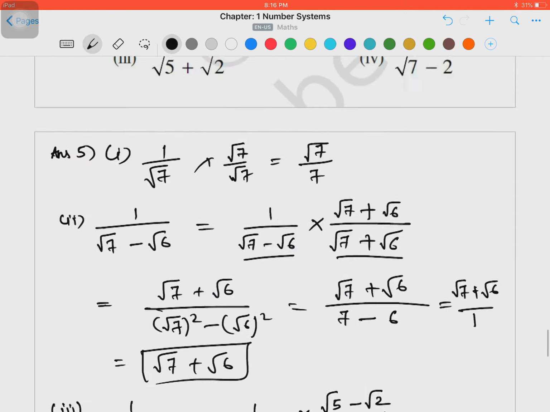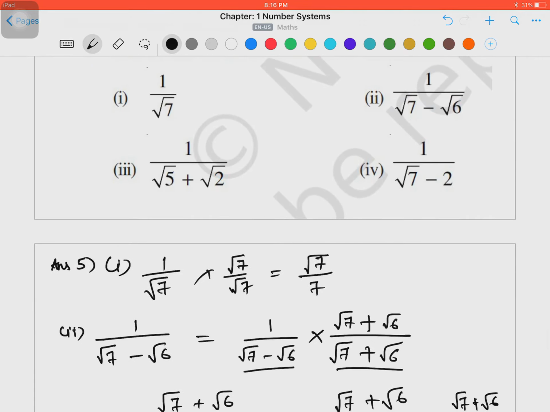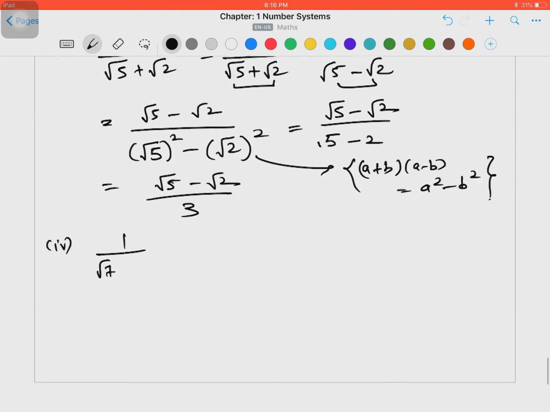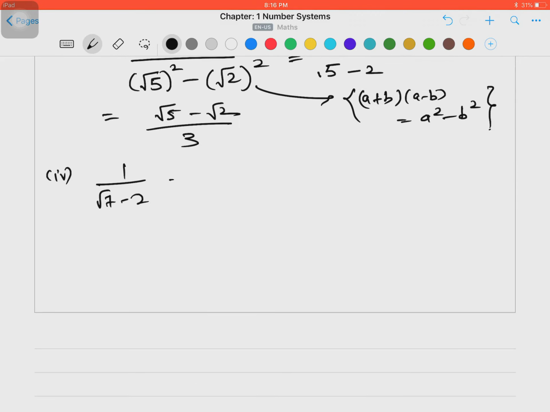Now come to the next and the last part, which is 1 divided by root 7 minus 2. This will be again 1 divided by root 7 minus 2 multiplied by root 7 plus 2 divided by root 7 plus 2.